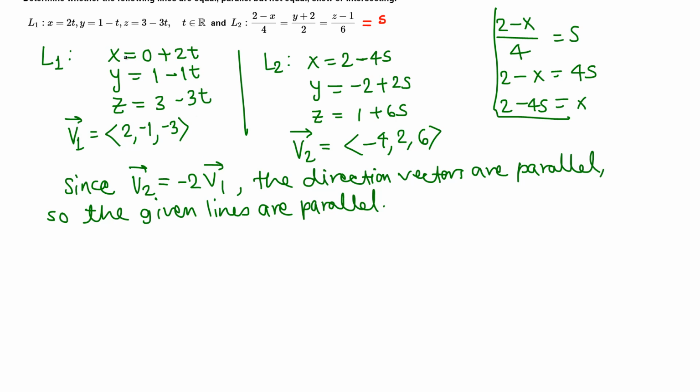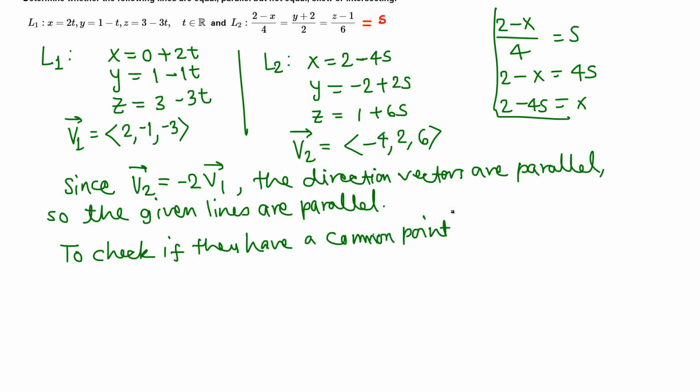So what we do is, let's set x and x equal to check if they have a common point, say (x, y, z). We set them equal. So x equals 0 plus 2t, that's 2t, equals 2 minus 4s.